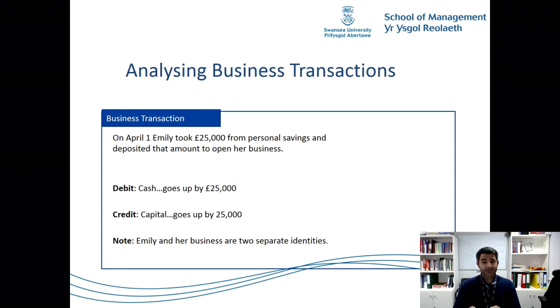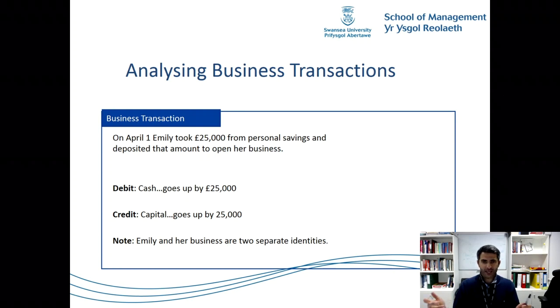Again, there are two things you need to remember. The first thing: it has to be two sides, and one side must be debit and the other must be credit.